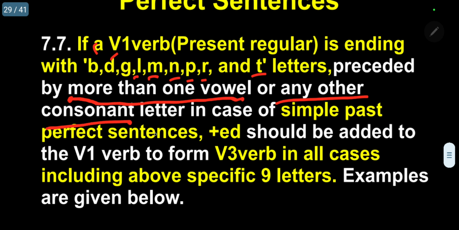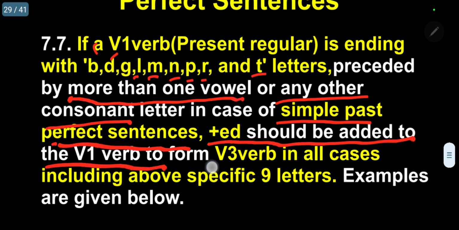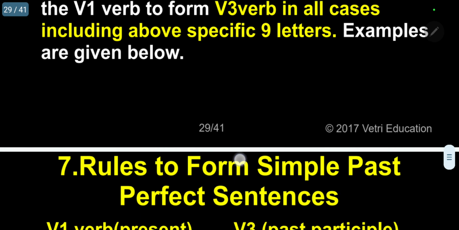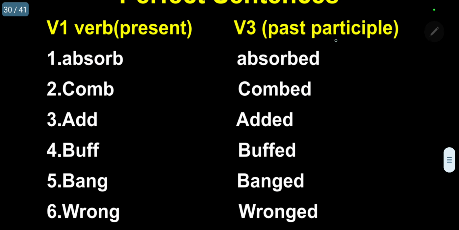Just see here. In the case of simple past perfect sentences, only ED should be added to the V1 verb to form the V3 verb in all cases, including the above specific 9 letters. In addition to the 9 letters, in all other cases also we add the same way. Examples are given below. See here some examples.